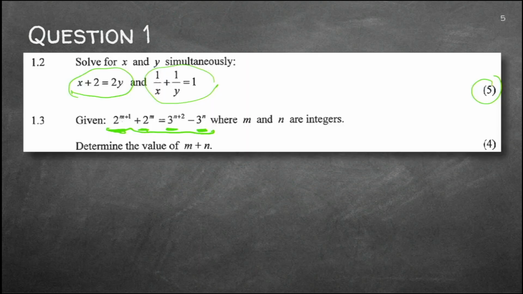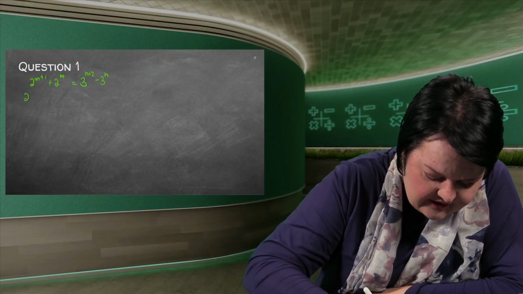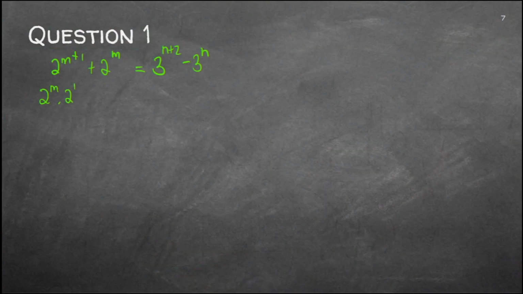So we have 2 to the power of m plus 1 plus 2 to the power of m is equal to 3 to the power of n plus 2 minus 3 to the n. Now, if you're ever stuck, the first thing to do is just break it up.